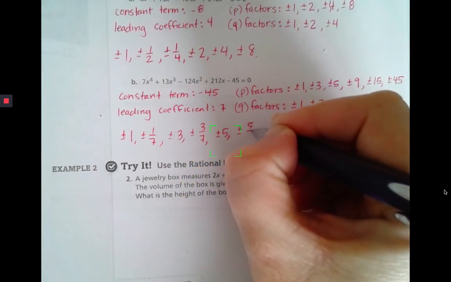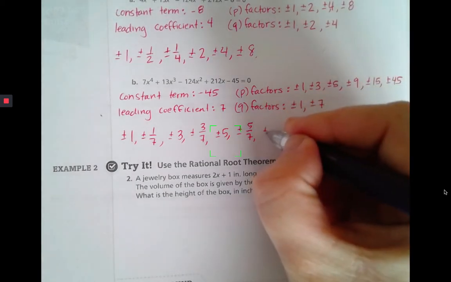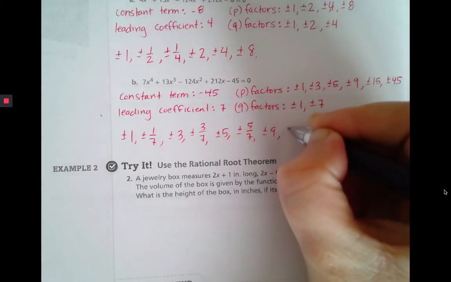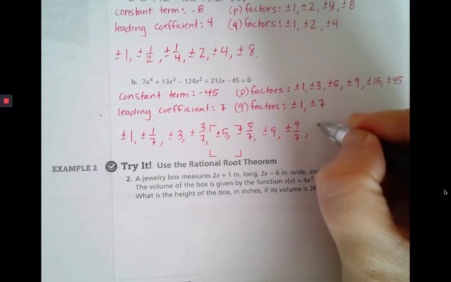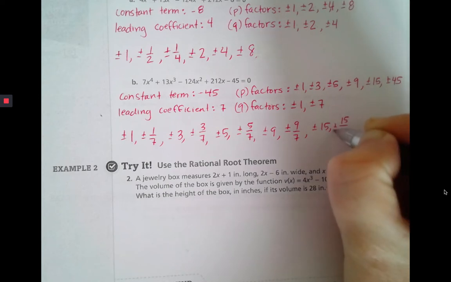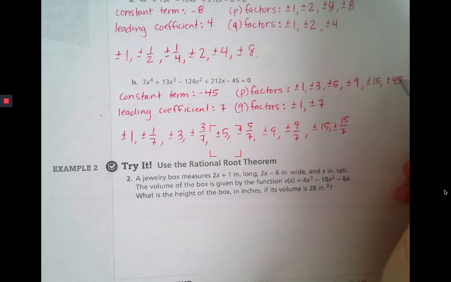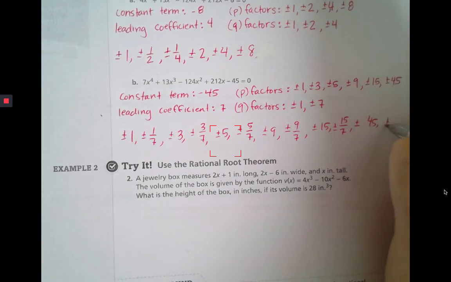And then 5 over 7. 9 divided by 1 is 9. 9 over 7. 15 over 1 is 15. So y'all see what we're doing, right? 45 over 1 is 45, and then we've got 45 over 7.